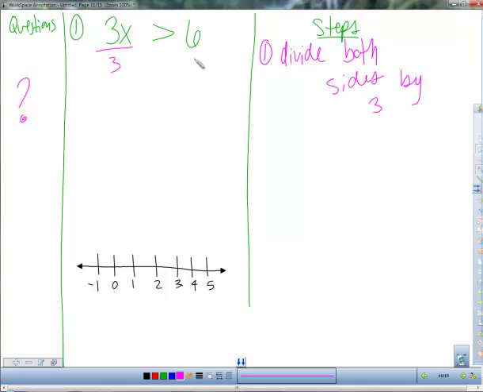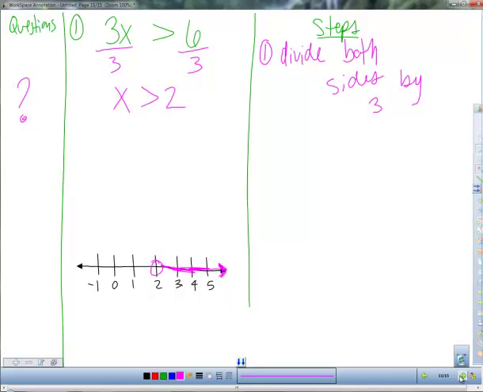I divide by 3, x, my sign does not change because I did not divide by a negative or multiply by a negative. So I have x is greater than 2. To graph that, I have a greater than sign, so it's going to be an open circle at 2, and then I graph everything to the right of that.